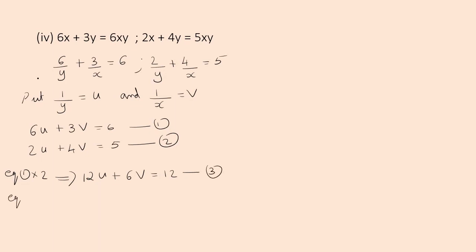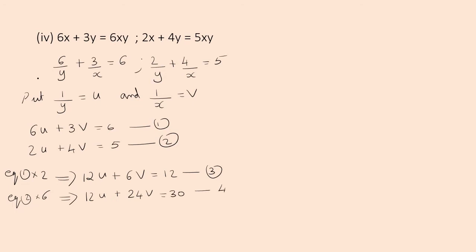Now equation 2 multiply by the coefficient of u in equation 1, that is 6. So I am getting 6 2s are 12u plus 6 4s are 24v equal to 5 6s are 30.